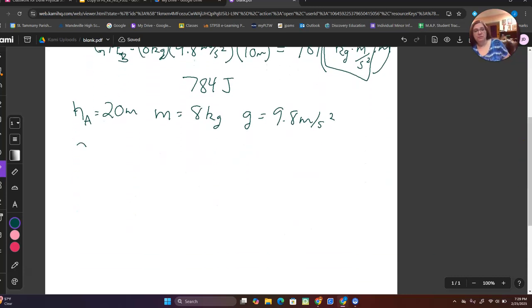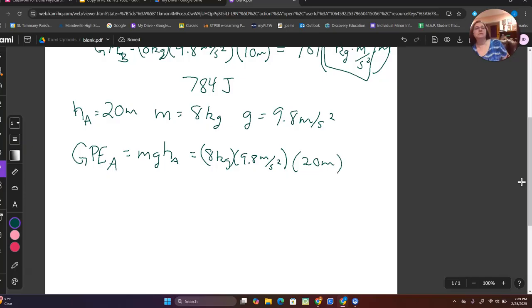Now we take our equation: gravitational potential energy at point A equals mass times the acceleration due to gravity times the height at point A, and that equals 8 kilograms times 9.8 meters per second squared times 20 meters. And then we're going to plug that into our calculator.